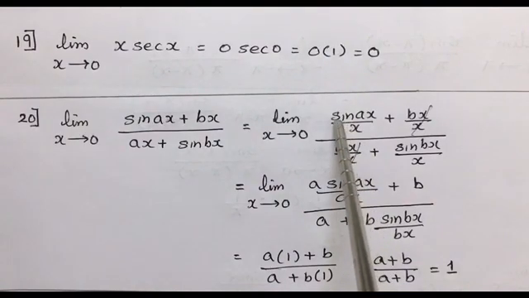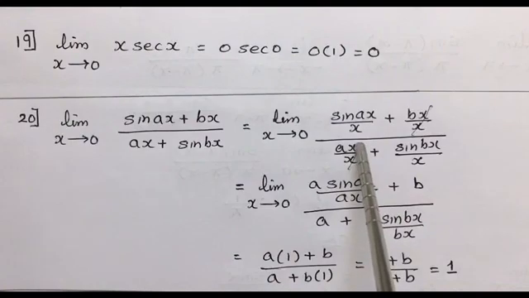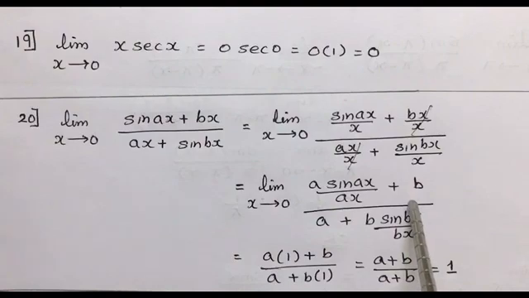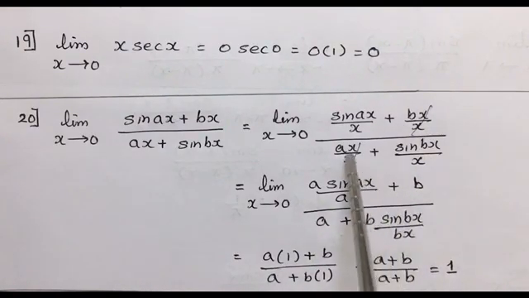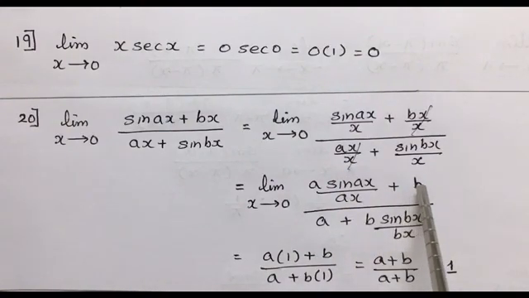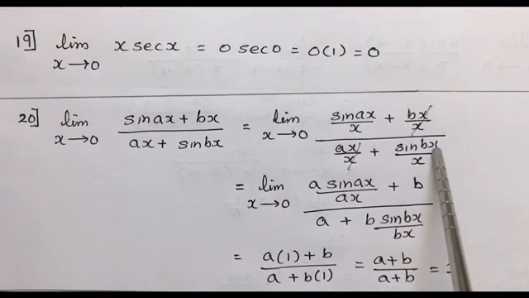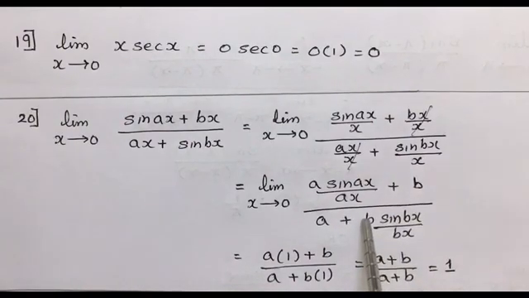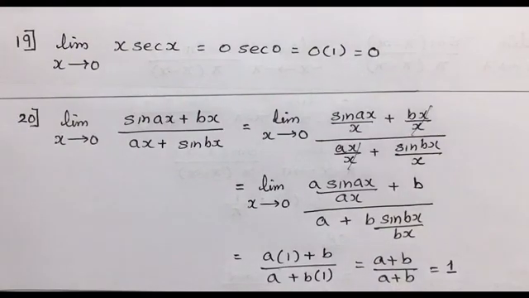Now here it is given sin ax, and downside it is only x, so we'll multiply and divide by a, and plus b remains, whole divided by a plus, in this term also x is multiplied by b and we have only x, so again multiplying and dividing by b.